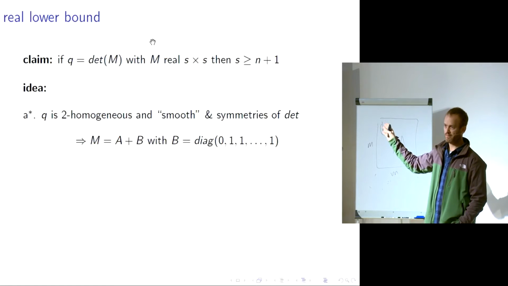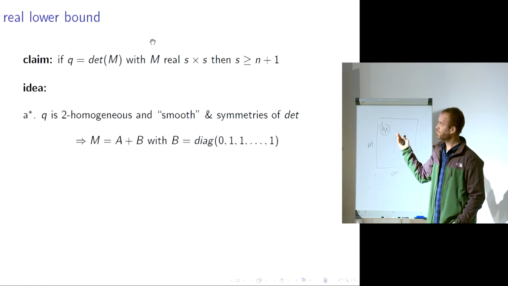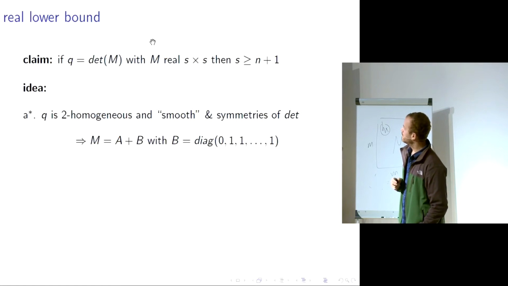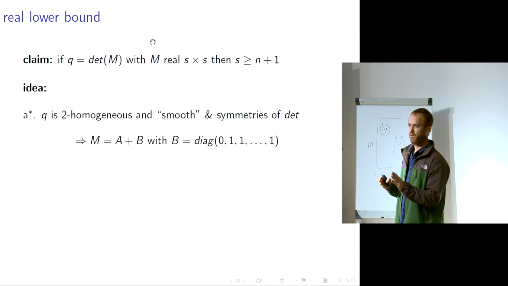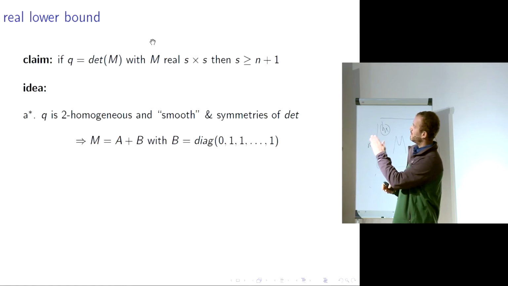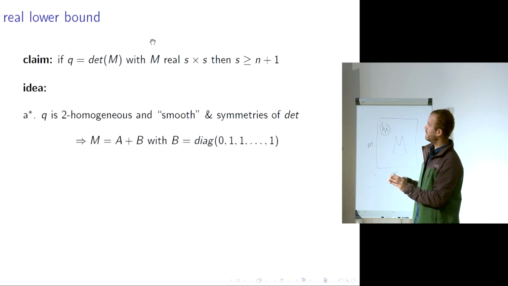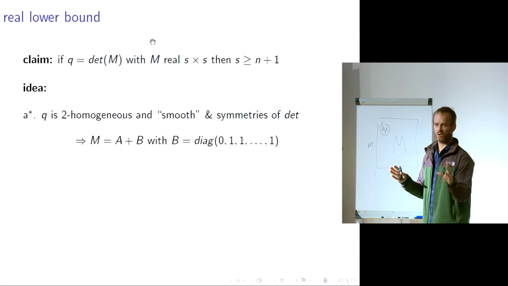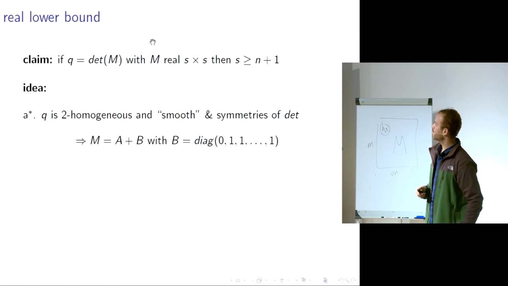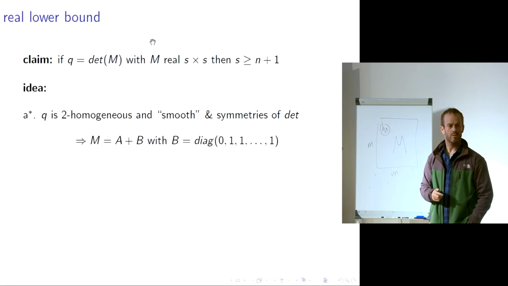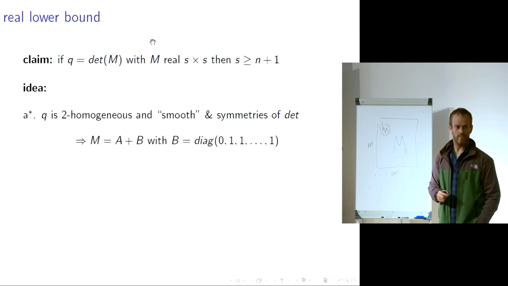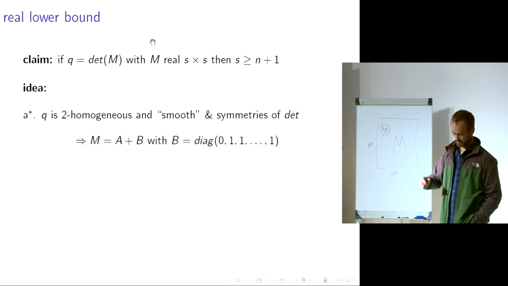It's an exercise in this case. So if we have a matrix whose determinant is Q, then B, the constant matrix, has a very specific structure, this structure. Just to be sure, A is a matrix of linear forms, right? Yes, A is a matrix of linear forms.